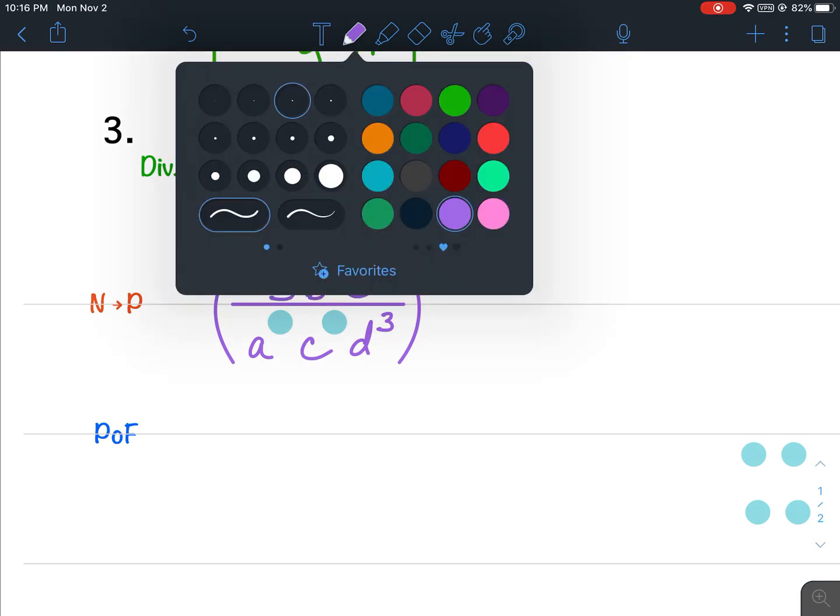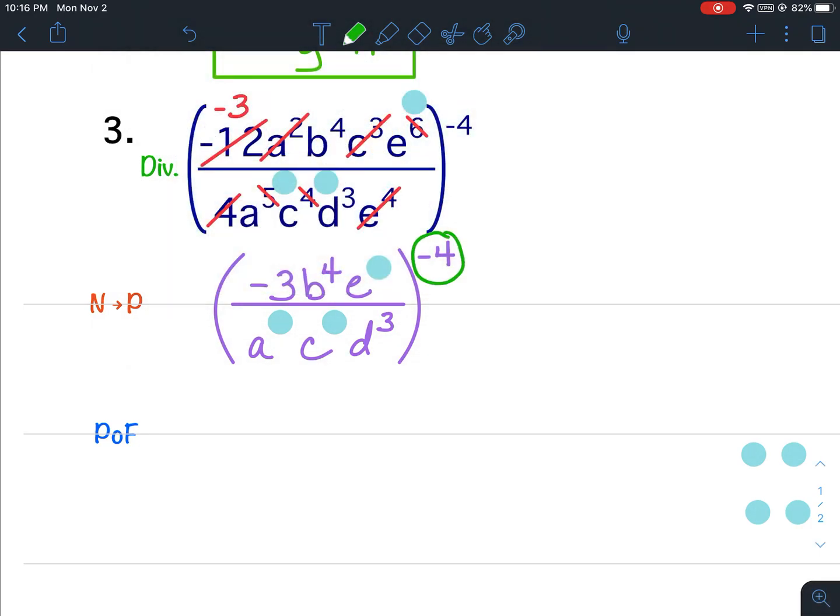Well, we don't want a negative exponent, so let's circle that. And I want you to write, flip it. So that means whatever was in the numerator is going to go to the denominator, and whatever was on the denominator will go to the numerator.